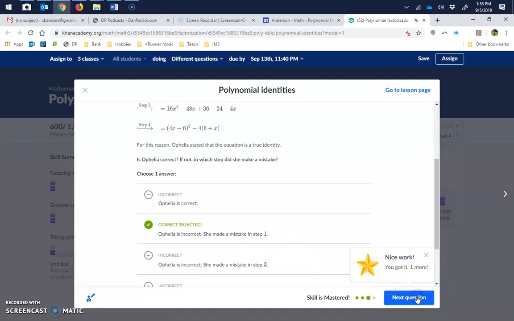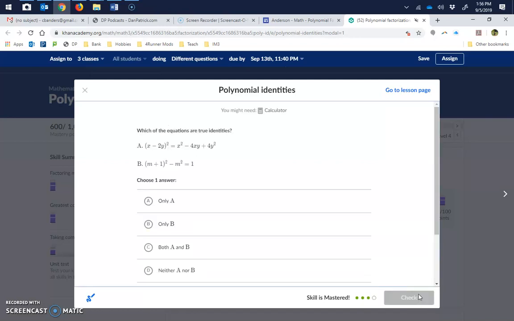Yep. All right, next question. All right, so which one's the true identity? Okay, so the first one, looks like it already is. Oh, no, actually, and I'll show you why it's not. Okay, so x minus 2y squared.